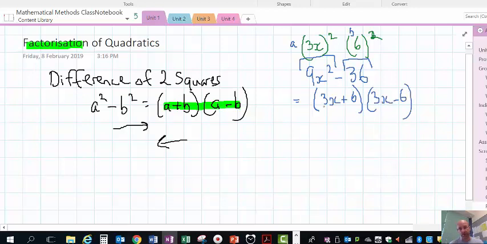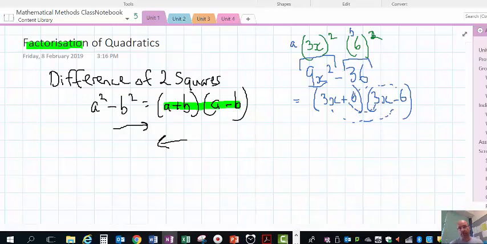You can always check it to see if you get the original expression. 3x times 3x is 9x squared. Then we have 3x times negative 6 is negative 18x, and do those two, plus 18x, and we get minus 36. So that most certainly does work. So that's factorizing in the pattern of difference of two squares.